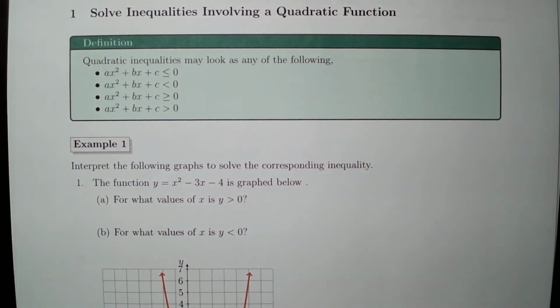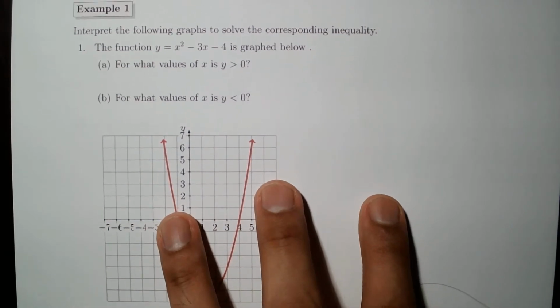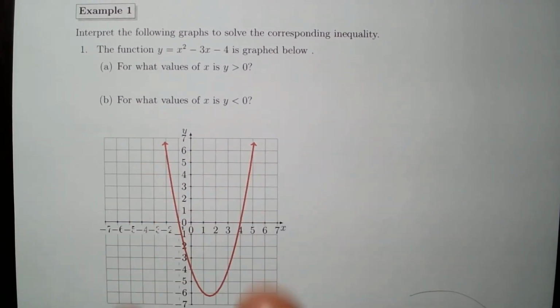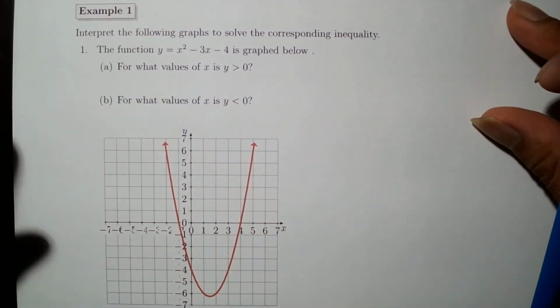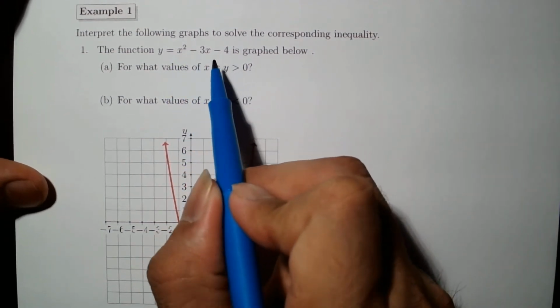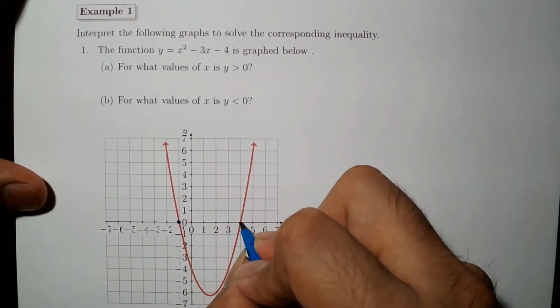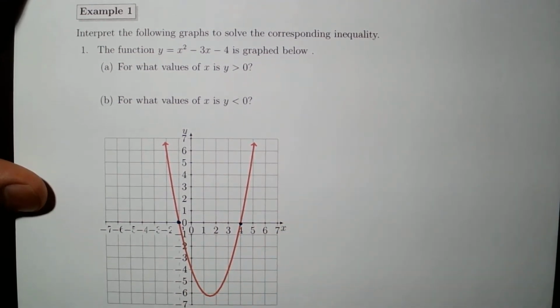So, from the geometric point of view, what does it mean to solve an inequality? Here I have the graph of y equals x squared minus 3x minus 4, which has two x-intercepts. They are -1 and +4.